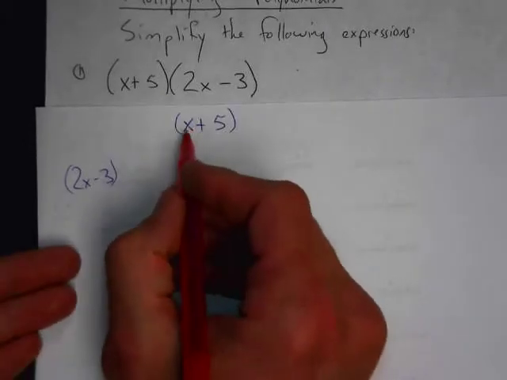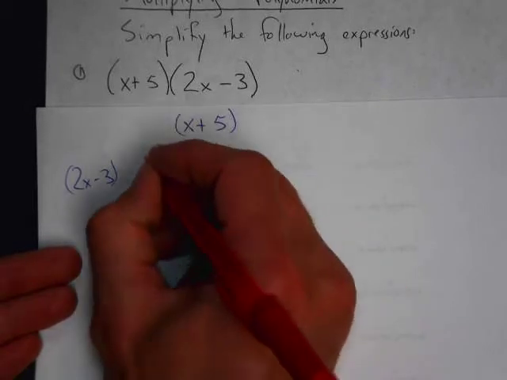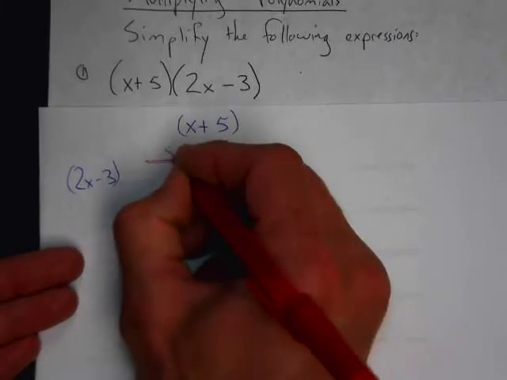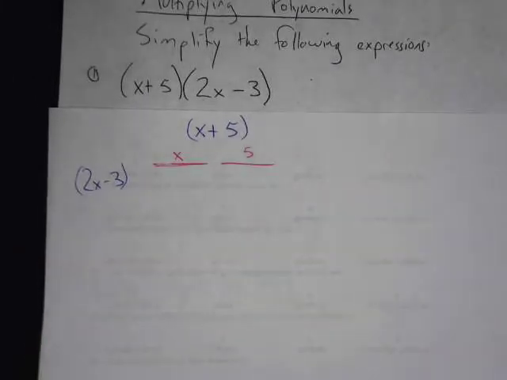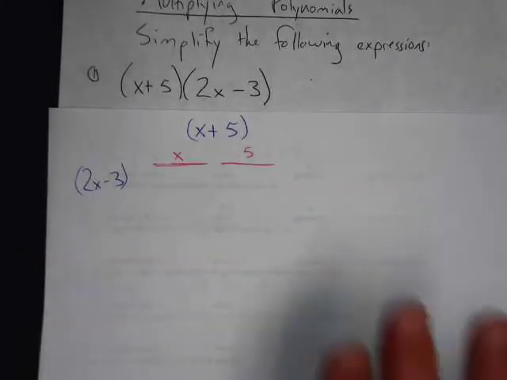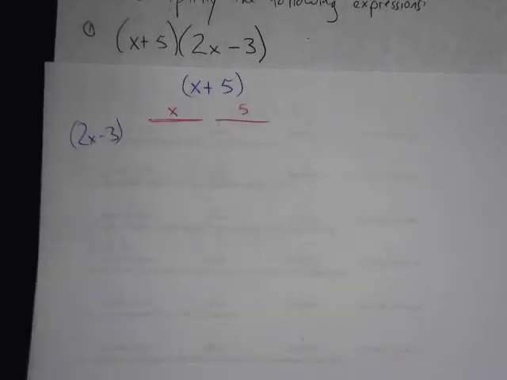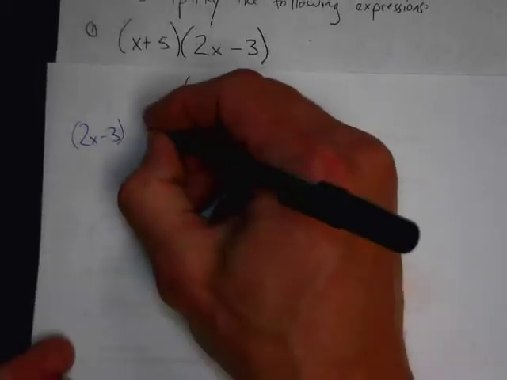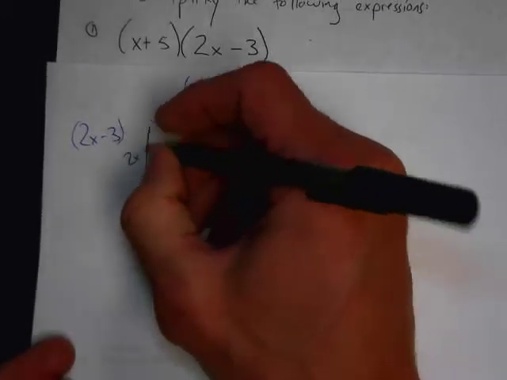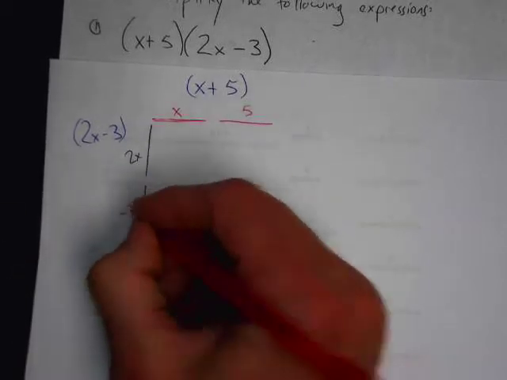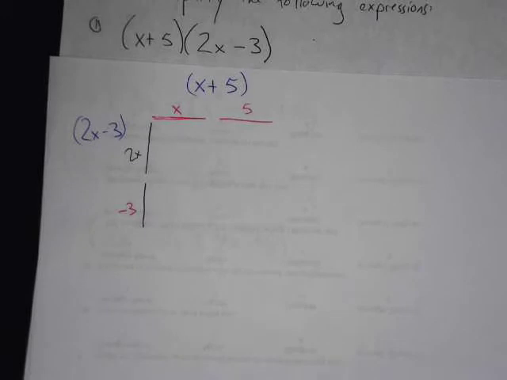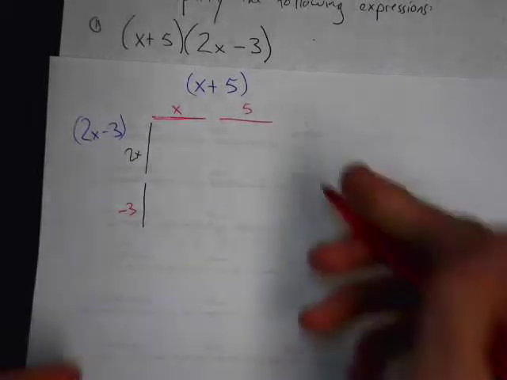So how many x's in x plus 5? We have this length, which is x, and then this length, which is 5 ones. And that is x plus 5. And here we have 2x minus 3, so we can have this length, which is 2x, and then this length, which is actually composed of minus 3's. Okay, so we're modeling again using area multiplication.